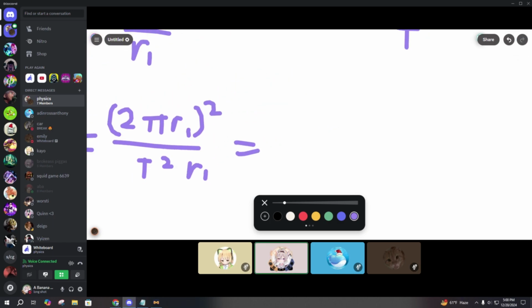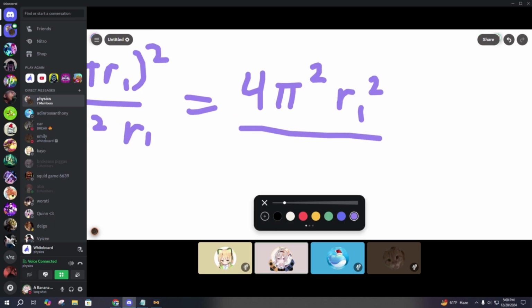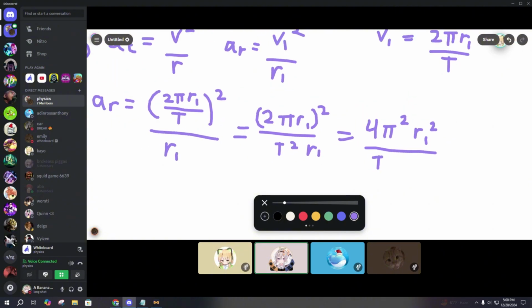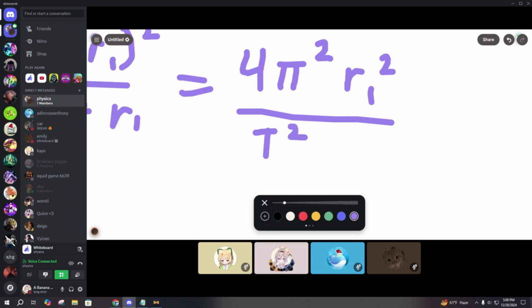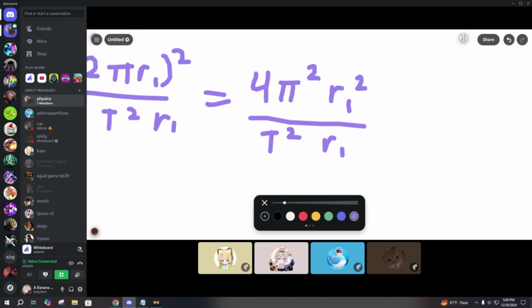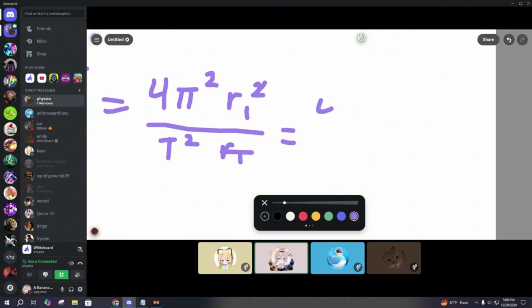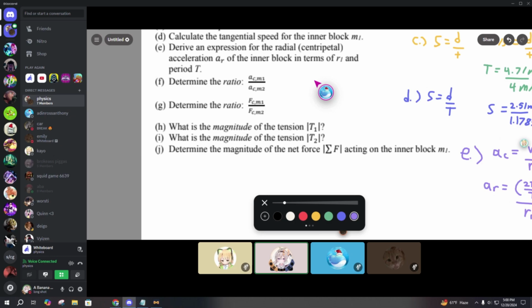And this is simplified to 4 pi squared R1 squared over T squared, and then R1. Right, and this R1 is going to cancel one R1 from here, one R1 from there. And that gets it to be the final expression, 4 pi squared R1 over T squared. So yeah, that's the expression for E.